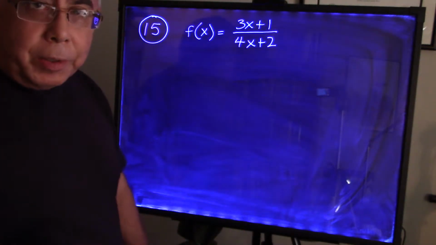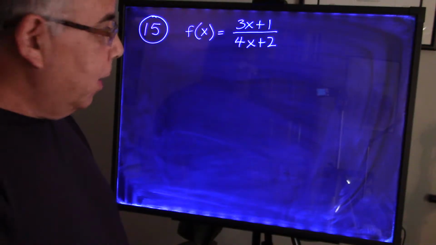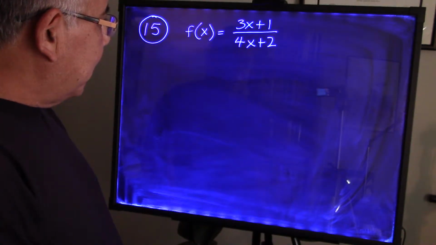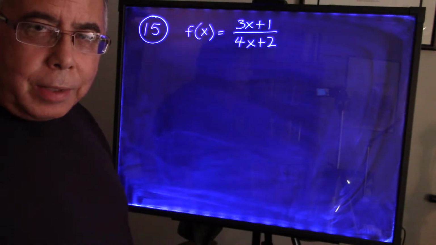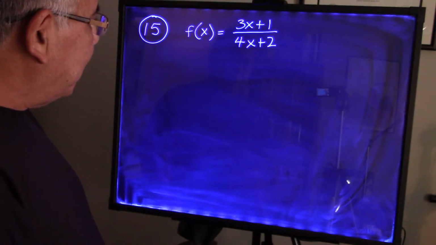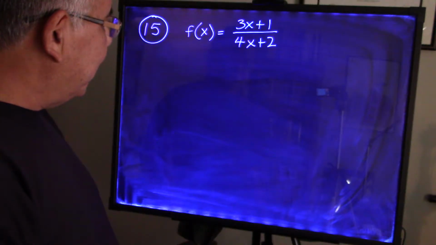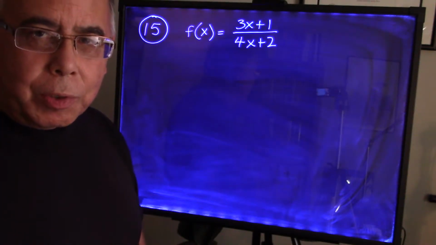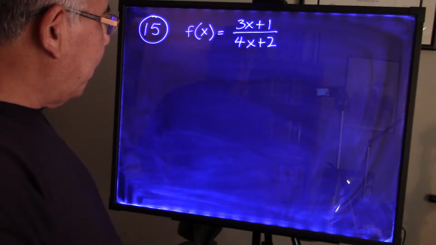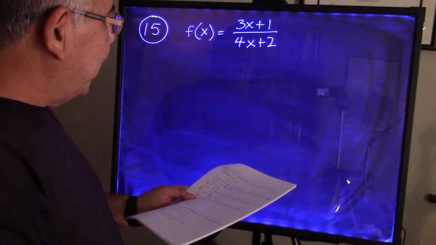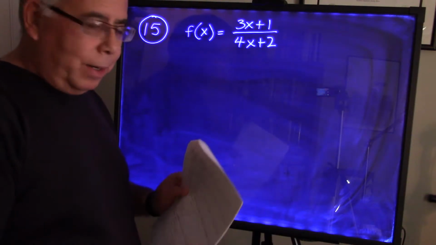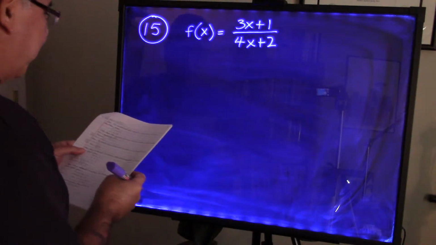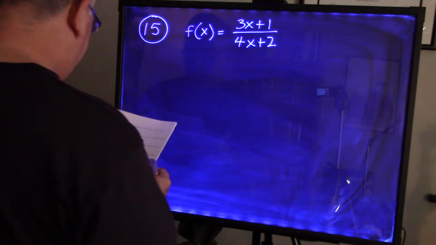Now, anytime you're dealing with fractions, the problems come in when the denominator is equal to 0. That's the only time you're going to have any difficulties with a rational function, when the denominator equals 0. So we have to make sure that anything that makes that denominator 0 is not in the domain. Otherwise we get division by 0, which is undefined.